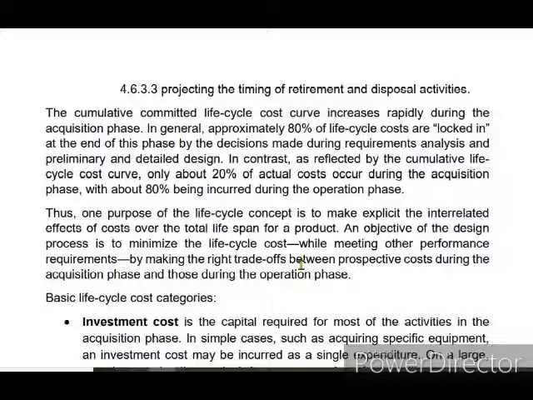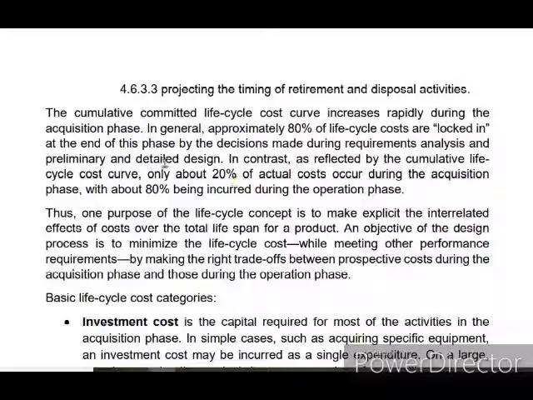Okay, so next, the cumulative committed life cycle cost curve increases rapidly during the acquisition phase. Why?